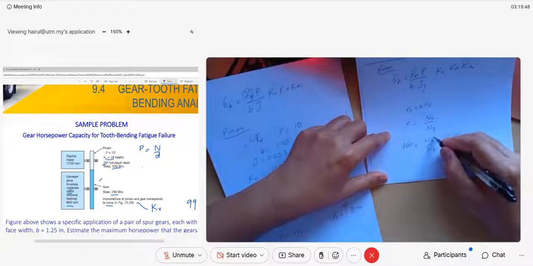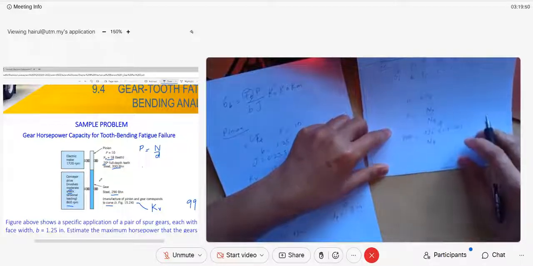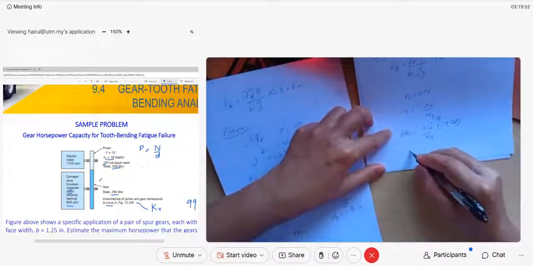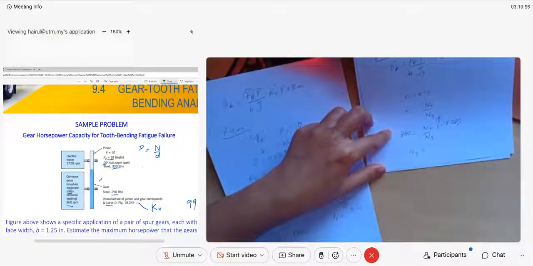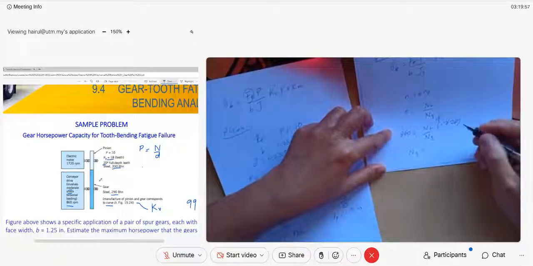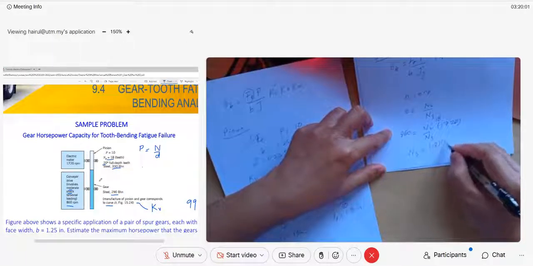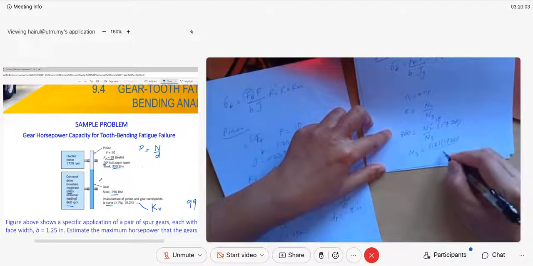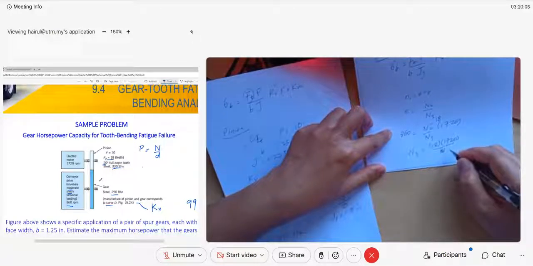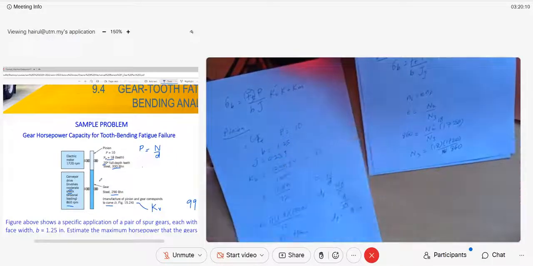So N2 is 18, right? So what will N3 be? N3 is 18 times 1720 over 860. What is that? Quickly.